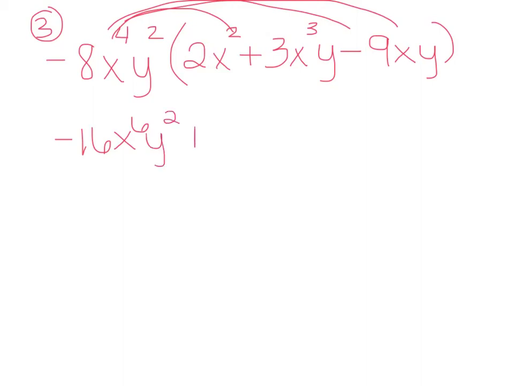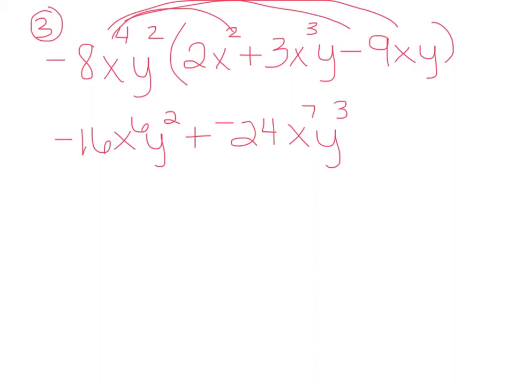Plus, now we have negative 8 times 3, which gives you negative 24. We could also just say minus 24. And then we have x to the 4th and x cubed, which gives you x to the 7th. And then y squared and y, which gives you y to the 3rd.